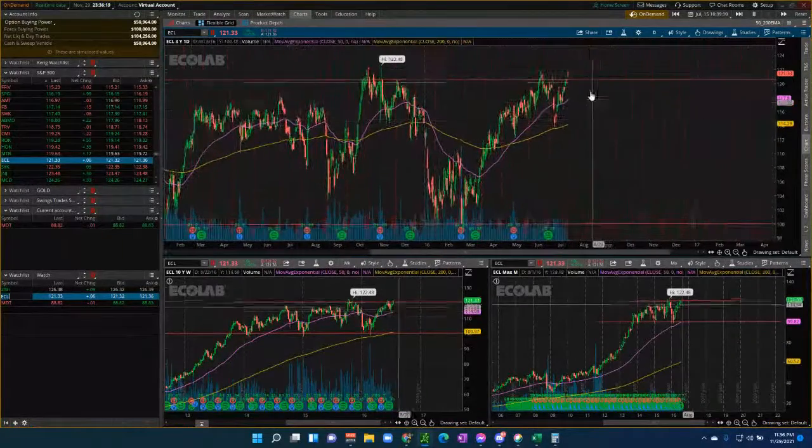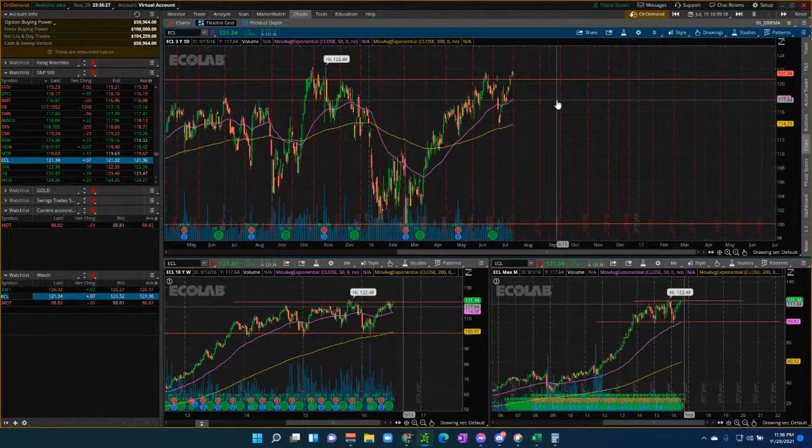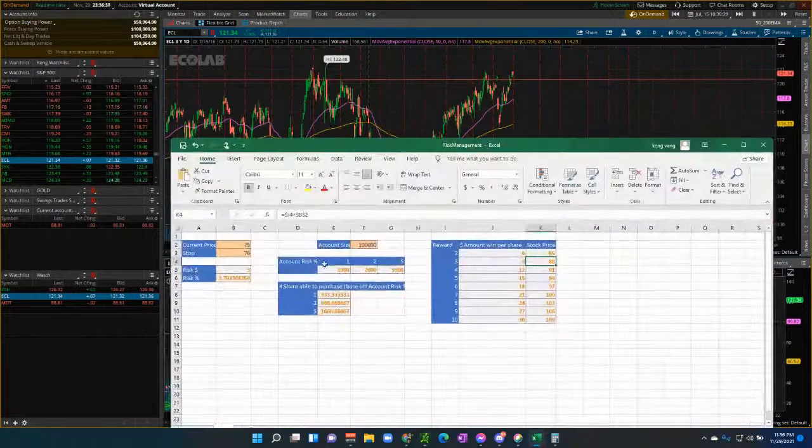So this trade, right? Let's trade in at 122. Depending on how deep we want to go with our stop, I think if we put a stop at 116, let's see how the risk to reward is.